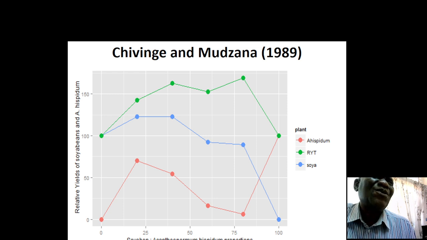Of course, here it looks like soybean was more competitive than Acanthospermum. I hope you agree with me if you look at the approximate curves from those diagrams. They may not be as smooth as some of the ones which we were seeing.